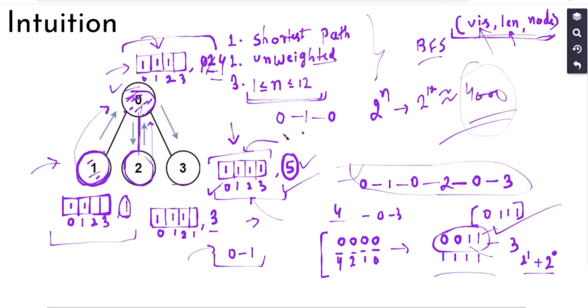That means at this point I have a bit mask like this, and the ending node is 0. Now I don't push node number 1 again, that means I don't traverse this node again. I will store this bit mask along with the child node, that is 1, and these two things are unique.